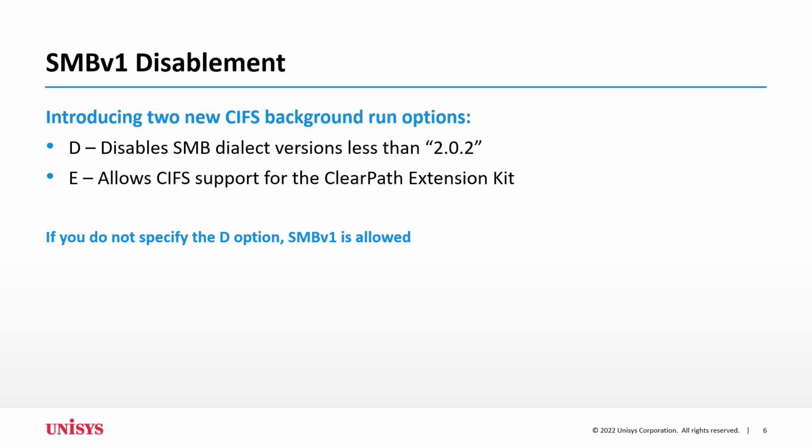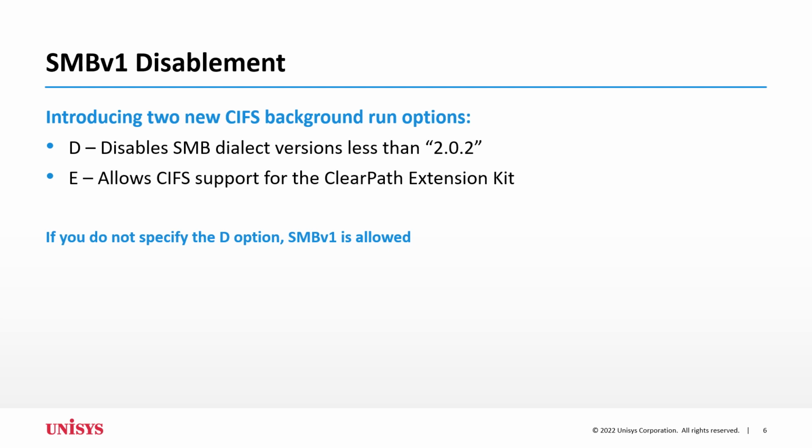Two new background run options are now available. These options are D and E. The D option disables SMB dialect versions less than 2.0.2 for both the CIFS server and client. The E option enables CIFS support for the ClearPath extension kit.